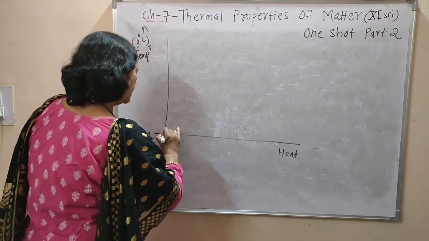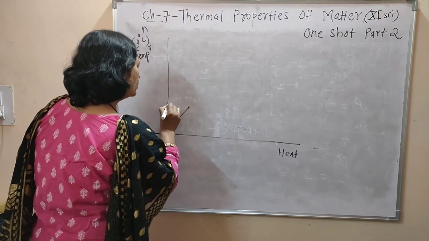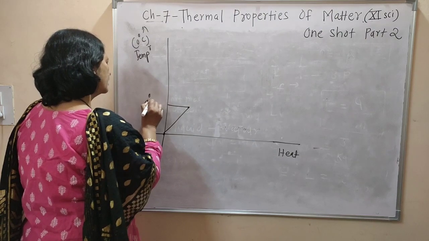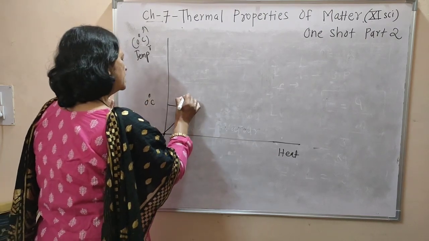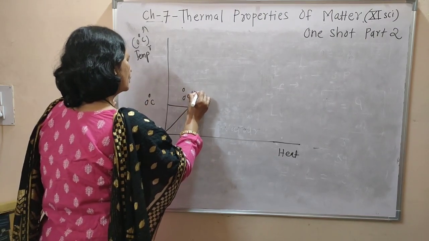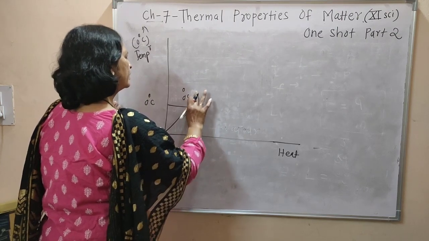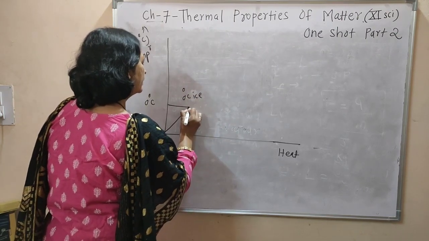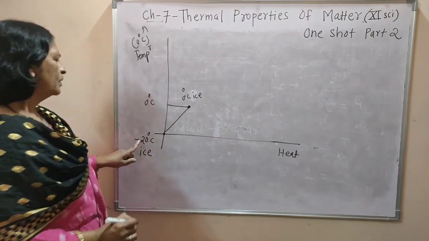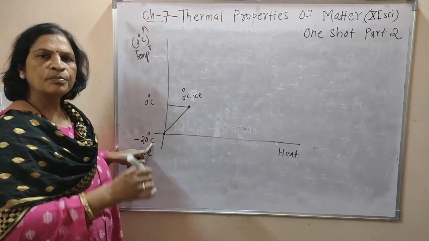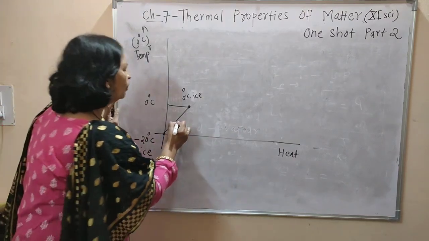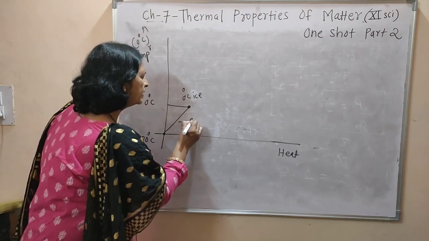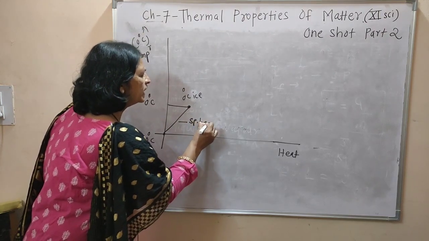Then we increase its temperature up to 0 degree Celsius. Now this is ice at 0 degree Celsius. To increase the temperature from minus 20 to 0, we have to supply heat, and that heat is specific heat.